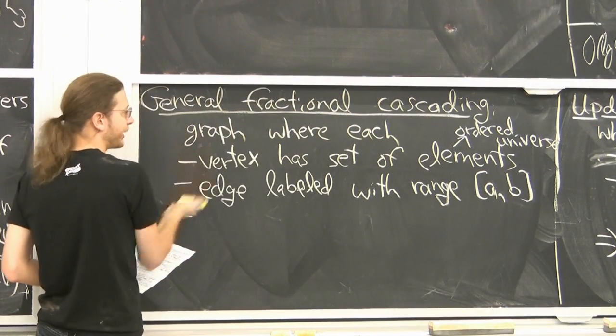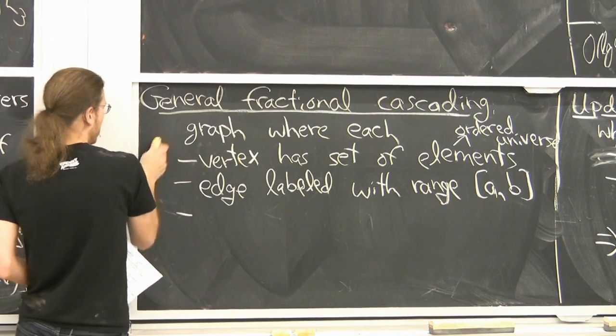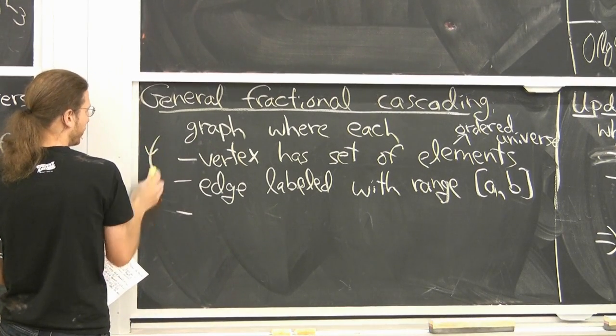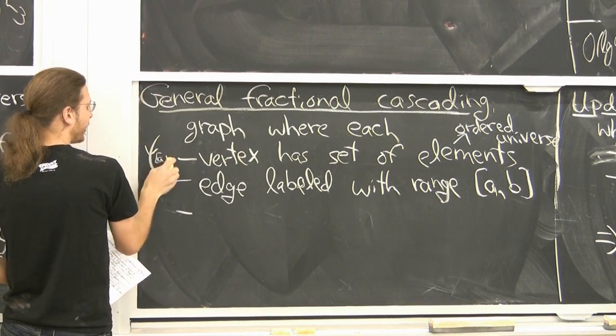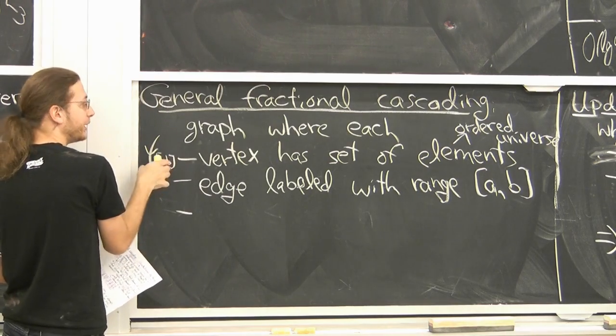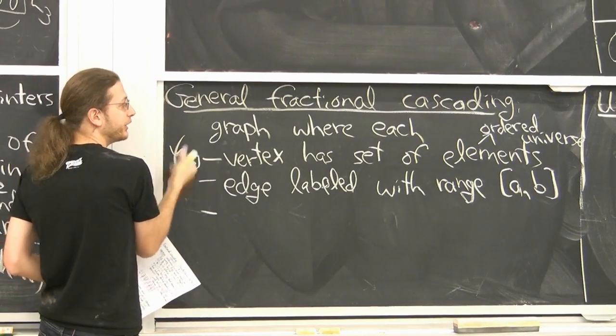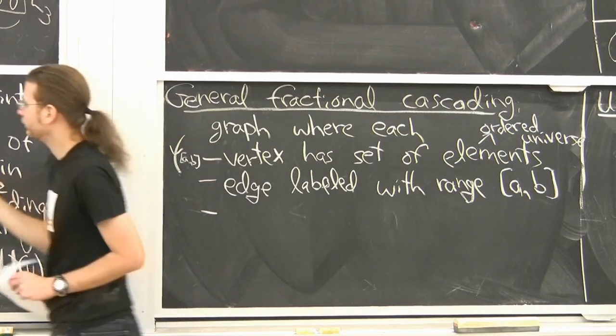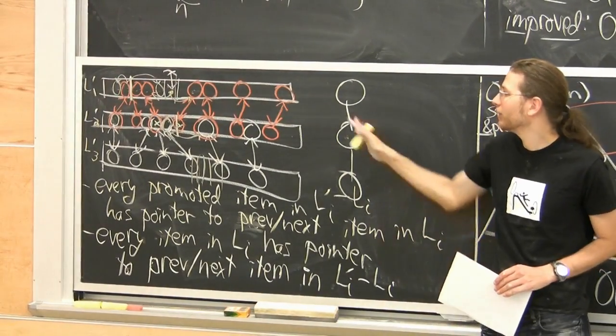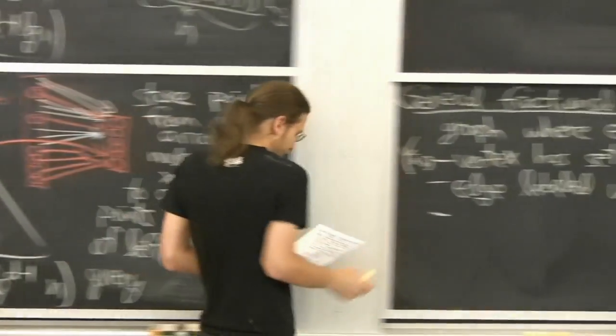You can think of it as a directed graph. It's probably cleaner. So it's like when I follow this edge, there's a range here. And basically, I'm only allowed to follow that edge if the range contains the thing I'm searching for. So here I was searching for some item X in all the lists. There's no ranges here, but in general, you get to specify a range.